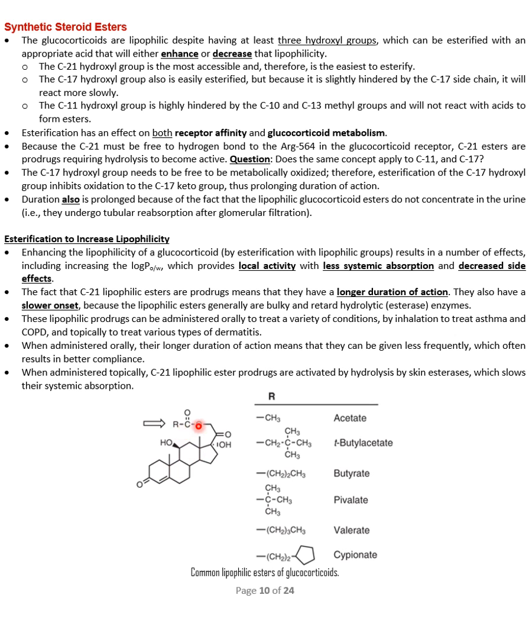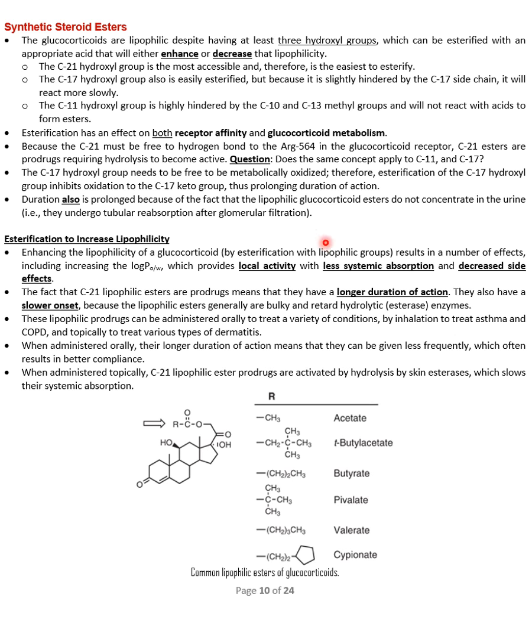Because of this arm, it is away from this bulky group, and you can easily esterify it. While this OH here is very close to this bulky steroid ring. The same applies to this OH here. So it's really difficult to add an ester group. So 21 is the easiest because it's most accessible.